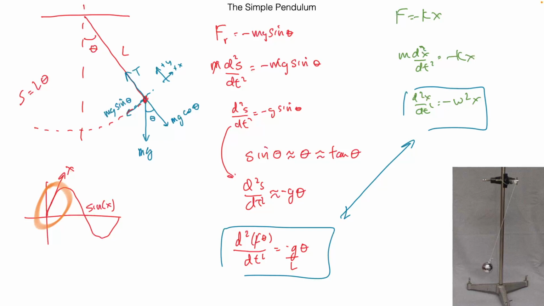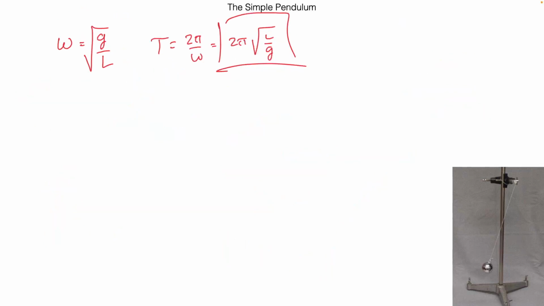And again, I've watched engineers and physicists take things that don't even remotely look like a spring. Oh well, let's drop a watermelon off the edge of the building, and let's figure out what happens when it hits the ground. Well, for a quarter of a period, it's kind of a spring.